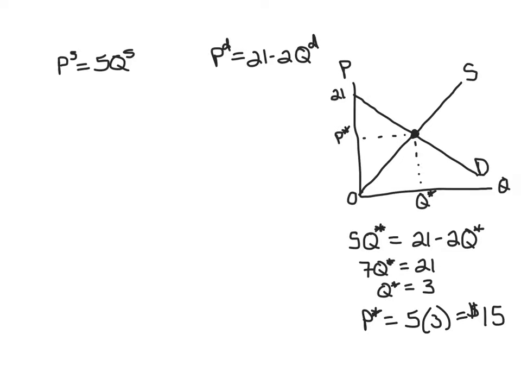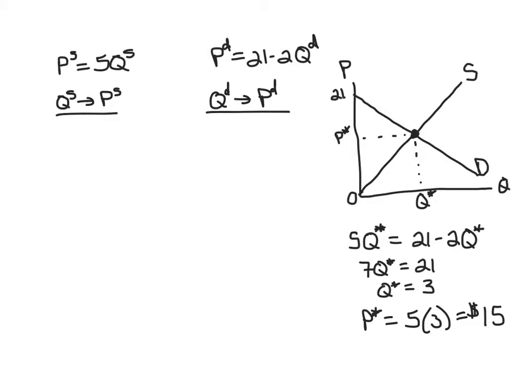Another way that's maybe a little more tedious, but is the way we're going to try next, is to plug in different values for the quantity supplied and see what the supply curve spits out for the supply price, and compare that to the same numbers plugged in for the demand quantity in the demand curve, and then see at what point we match up on the supply and demand curve.